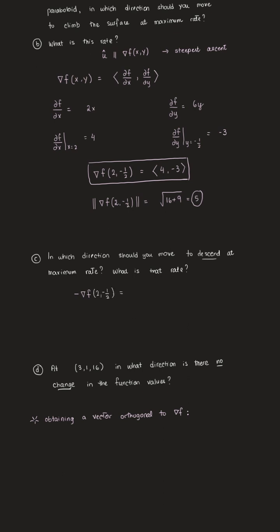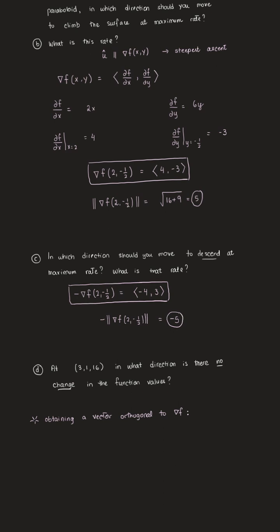And so that will be in the direction of the vector negative 4, 3. And that will lead us in the direction of the fastest descent. That rate will be the opposite of the magnitude of our gradient at this point. And so that rate will just be negative 5.